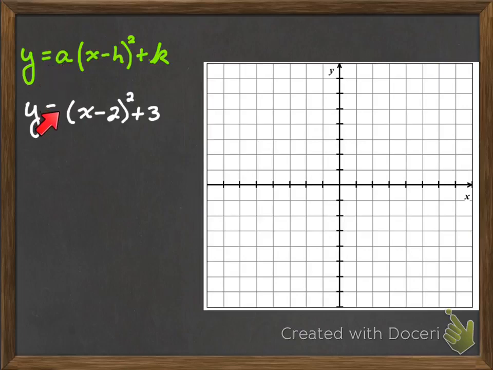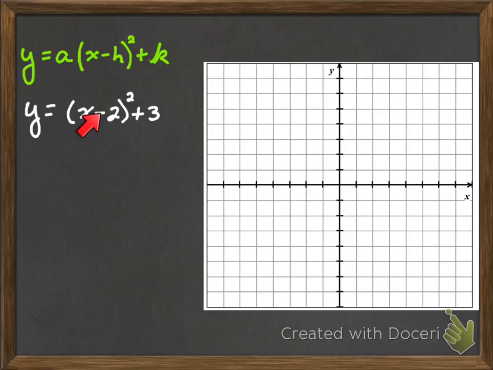So if you have a positive here, like we do on this first example, that's going to be a parabola that opens up because you have a positive x squared. If there was a negative in front of here, it would be a parabola that opens down because you'd have a negative x squared.